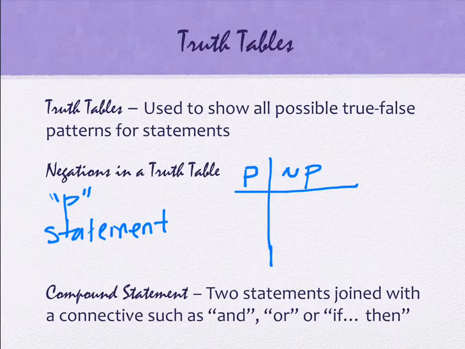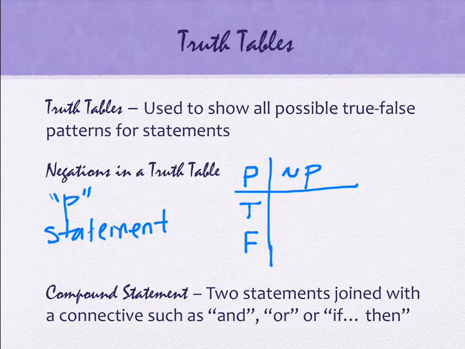So a statement, remember our definition of statement, is a sentence that's either true or false. Those are my only two options, right? So if the statement is true, we would say it's capital T. Use capitals so that there's less likely to be questions between your T's and your F's, and be really careful that they look distinctly different.